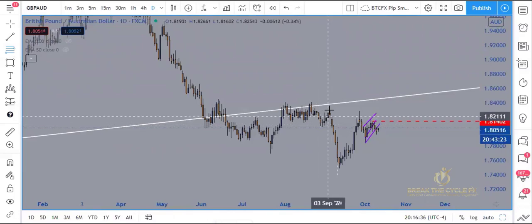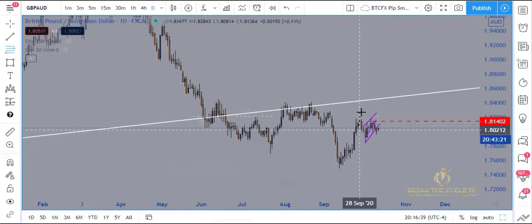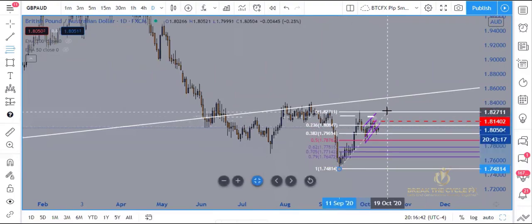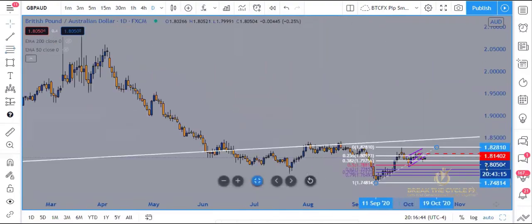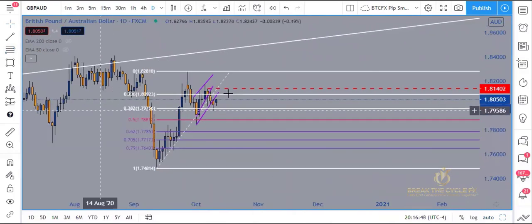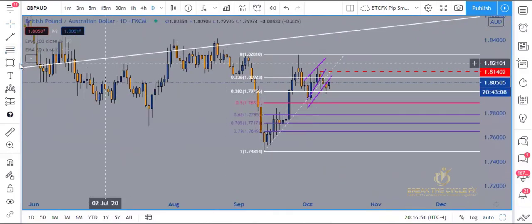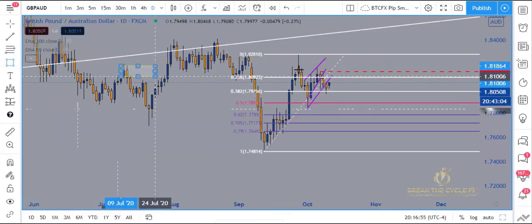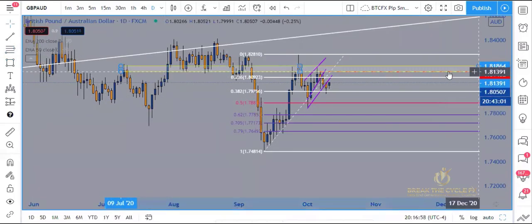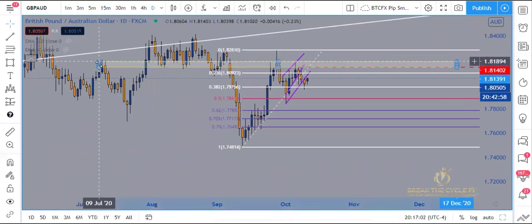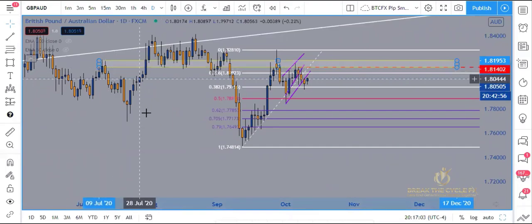Boom, boom, boom, boom, boom, boom. Let's go from here to here first. All right, so looks like nice, strong support level resistance here.